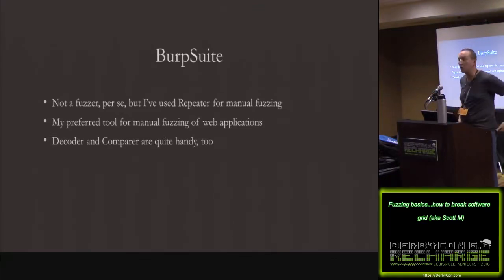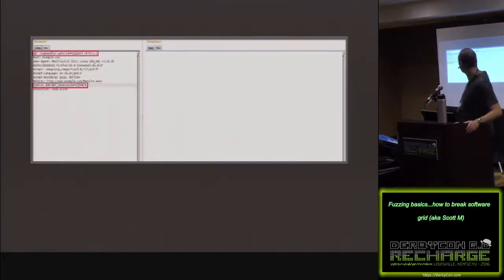Decoder and Comparer, depending on what you're doing, are pretty handy as far as unraveling base64 encoded view state on .NET apps, for instance. That's a little hard to see, but this particular application that I was dealing with had this image handler item in it, and it took a query string parameter of an ID, so I put in a marker to myself, when I was stepping through it, of where I wanted to insert my fuzz data, and then I wanted to try to fuzz the ASP.NET session ID cookie, so I marked that with fuzz data.